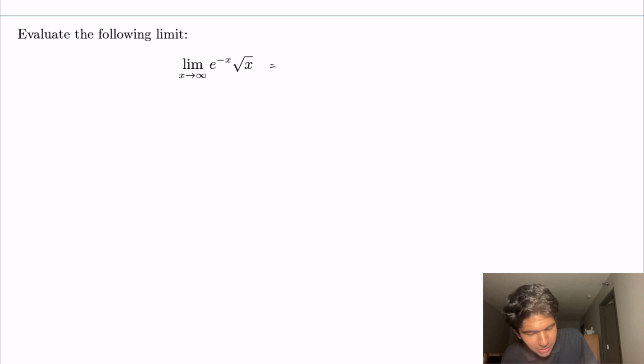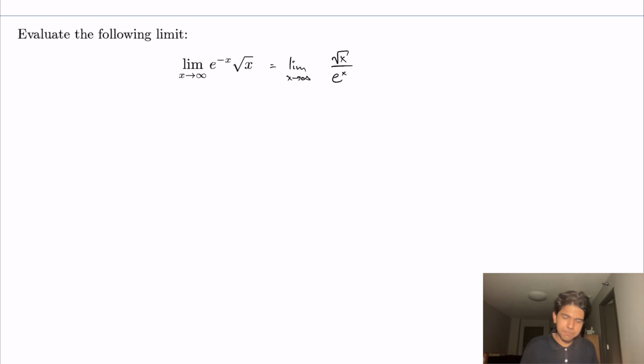So we can rewrite this as the limit as x approaches infinity of the square root of x divided by e to the x. The reason I did that is if we do direct substitution on the original limit, we get e to the negative infinity times the square root of infinity, and from there it's not immediately obvious that it's an indeterminate form.